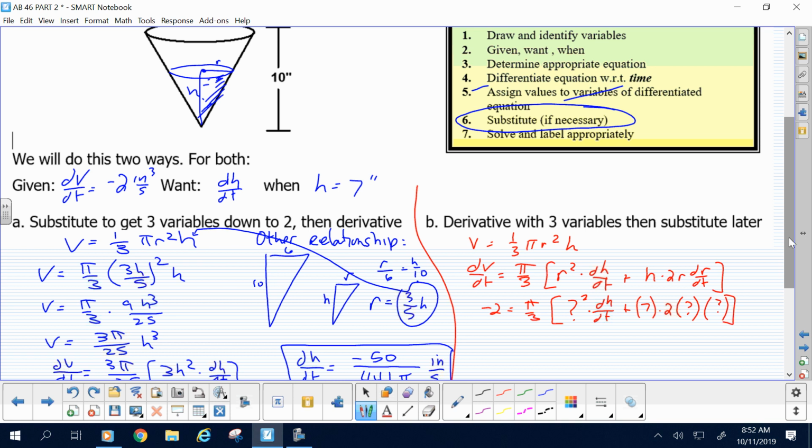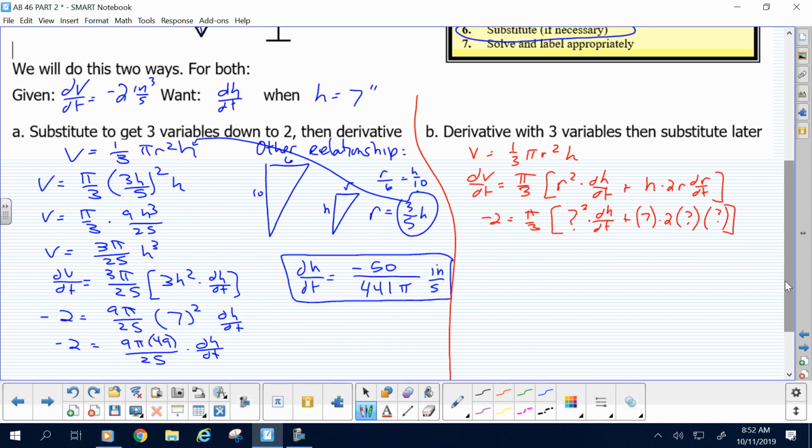Much harder to do. Either way, you're going to have to get some other fact about r and h. So whether you do it earlier like we did before or later like we're going to have to do here, you're going to have to go and get that other relationship.